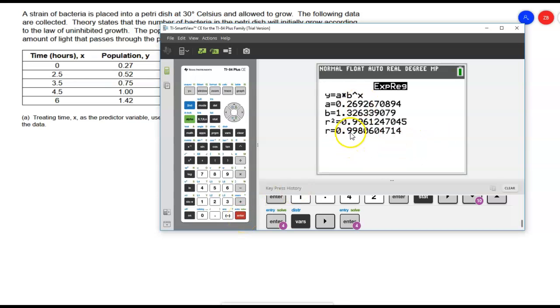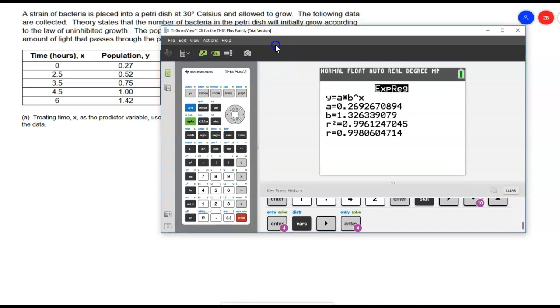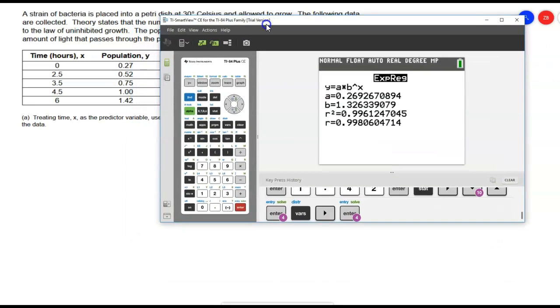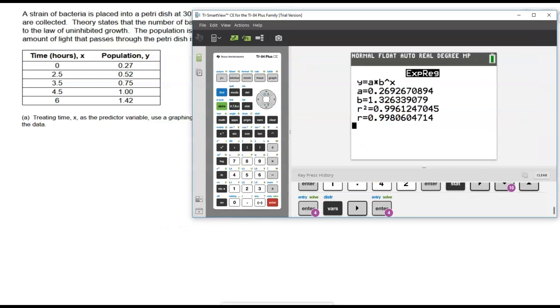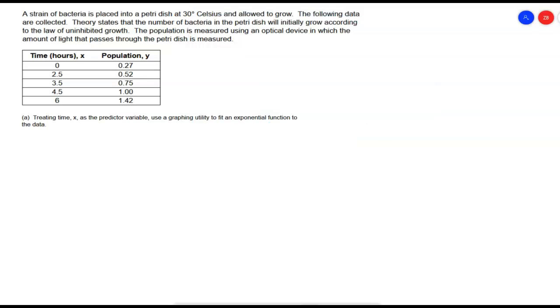Calculate, and this is what it looks like. If I round this to 4 decimal places, remember this is A times B to the X. So A would be 0.2693 times 1.3263 raised to the X power. Let me write that out for you over here.